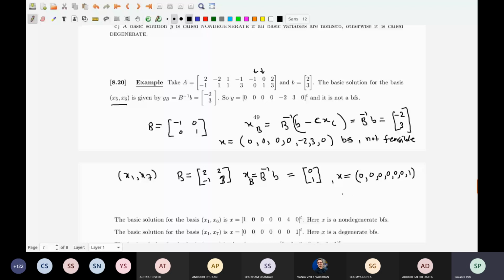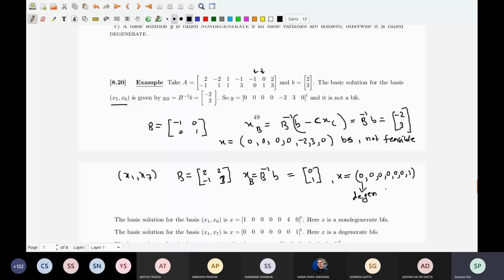Degenerate or non-degenerate? This one is degenerate, because the value of the basic variable x1 is 0.